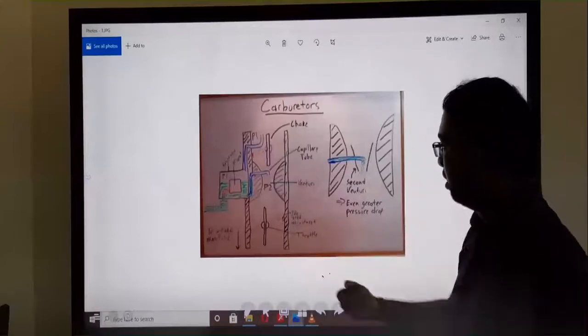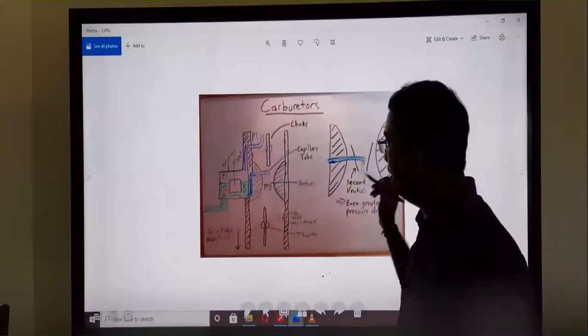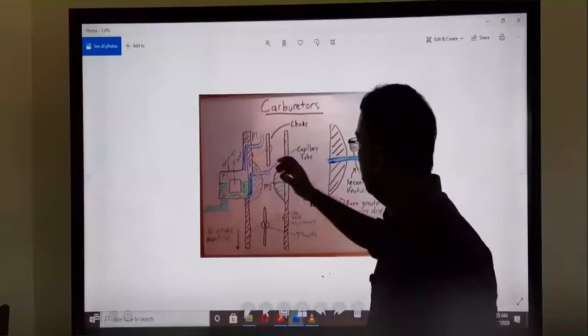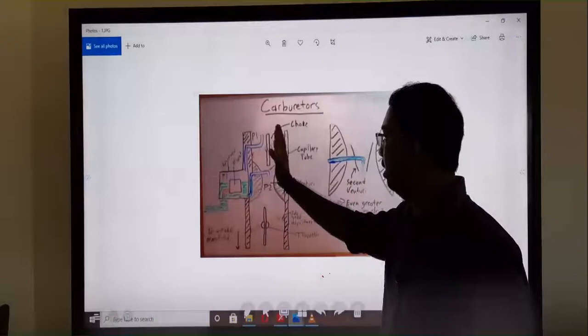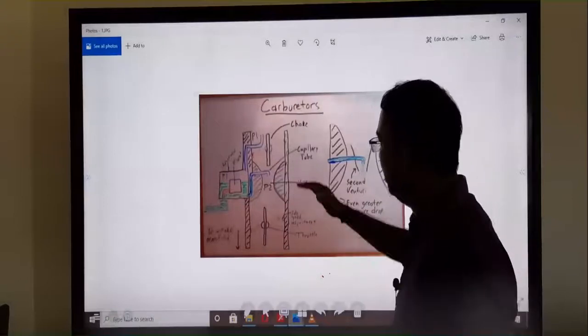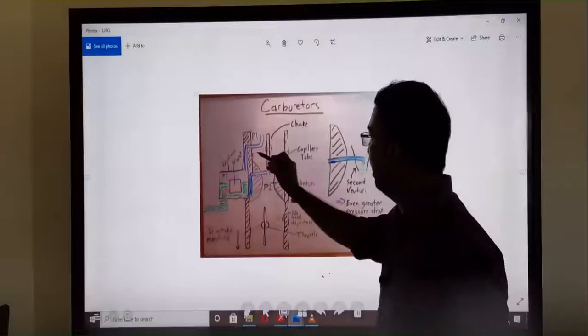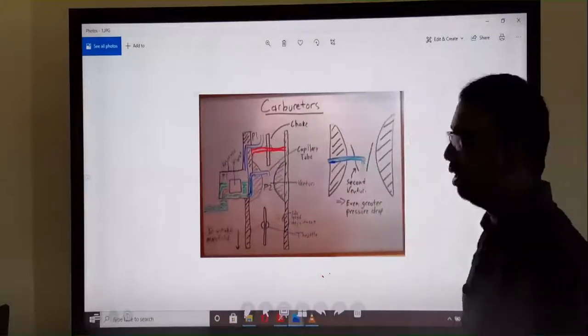When we rotate or push the choke lever in our vehicle, normally the choke is open, and we start to close this area. At the end, the choke is fully closed.